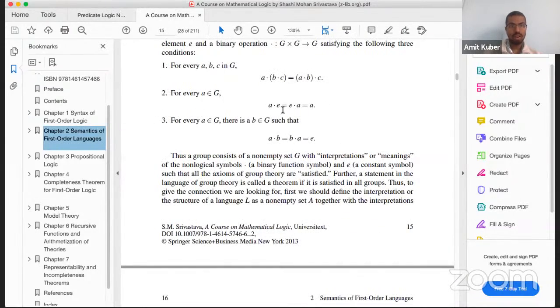So this is group theory. The word theory in the phrase group theory has a specific meaning. These are the axioms. These are the sentences whose models are groups.